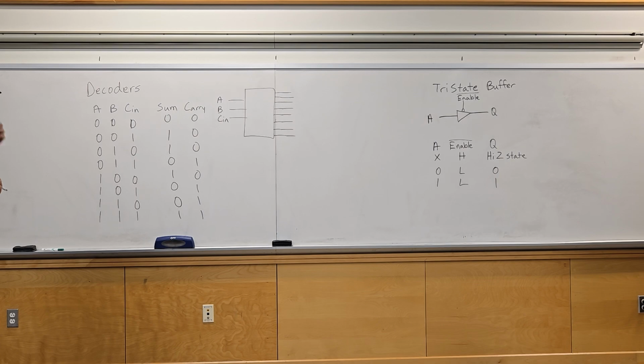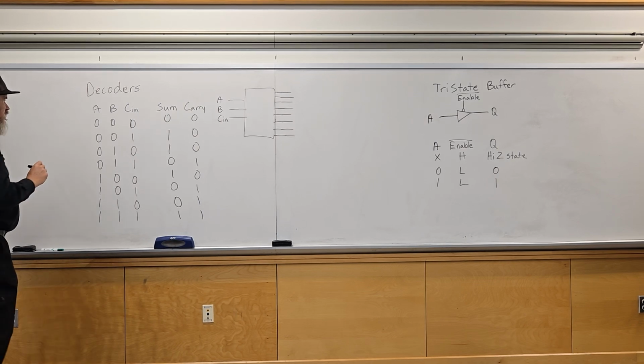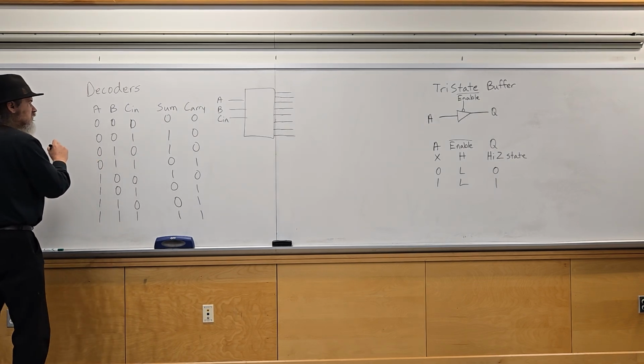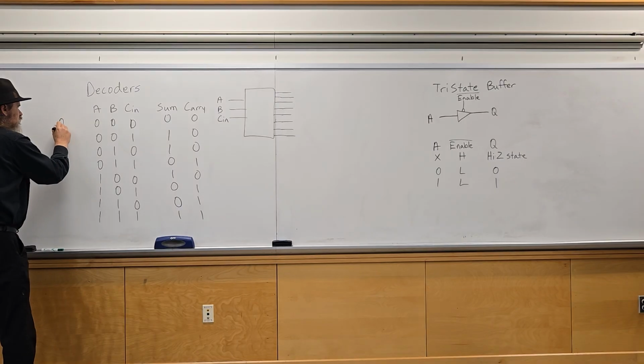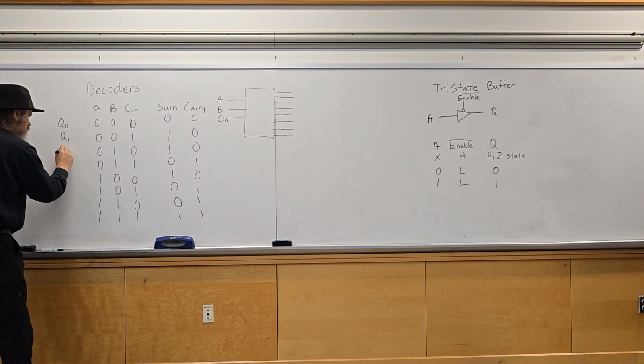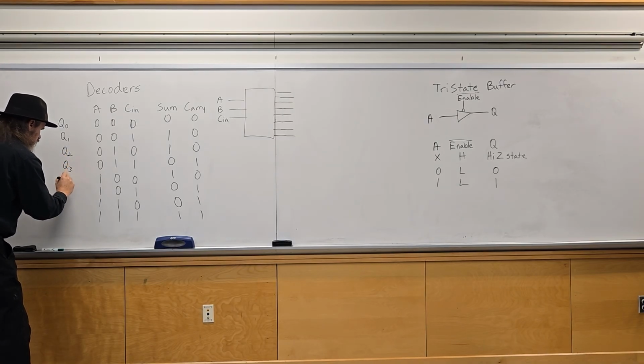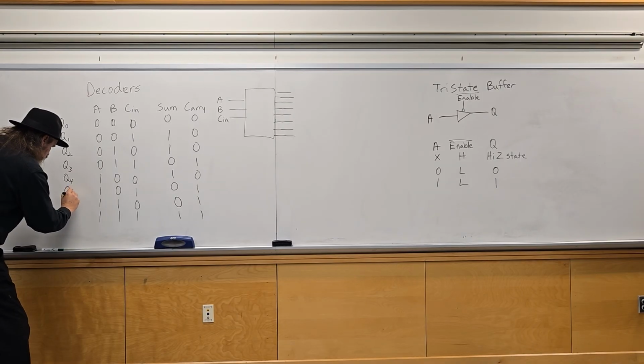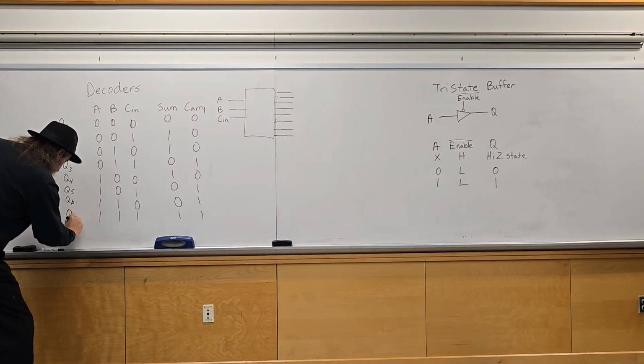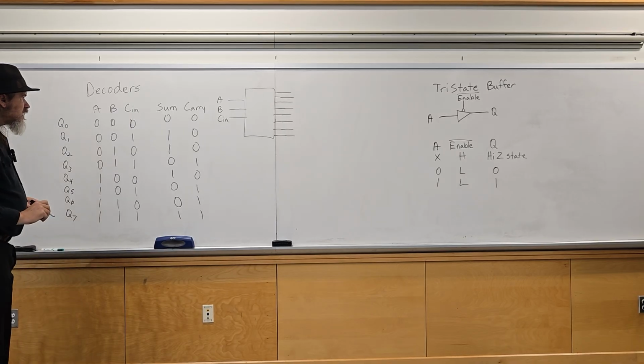The sum is going to be, and you look at the Q's here, Q0, Q1, Q2, Q3, Q4, Q5, Q6, Q7. All right.